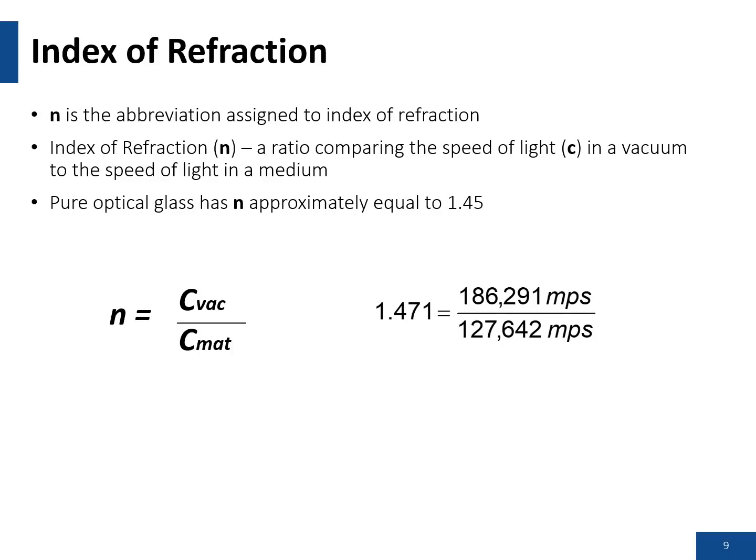Silica typically is around 127,000 miles per second. When you compare this ratio, you'll get an index of refraction for silica glass somewhere in the neighborhood of 1.45, specifically 1.471 at a specific wavelength.